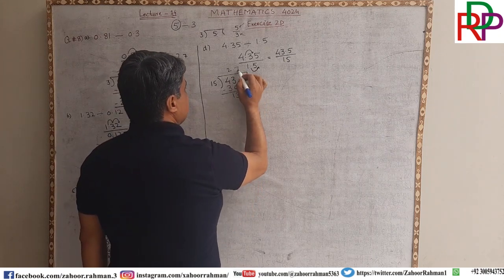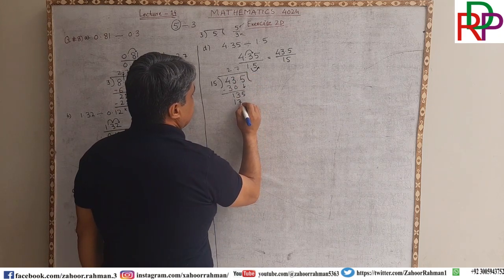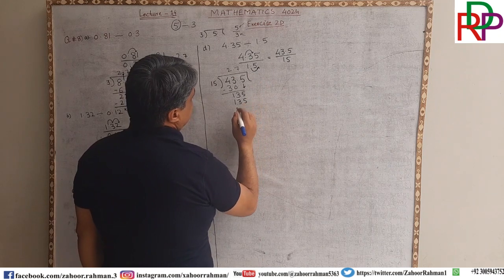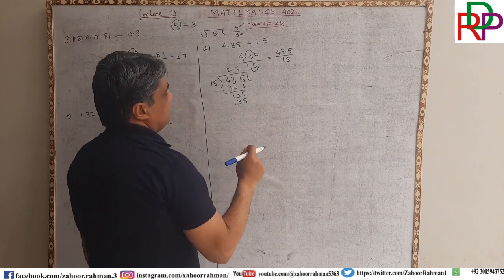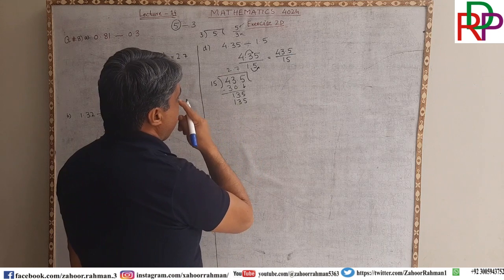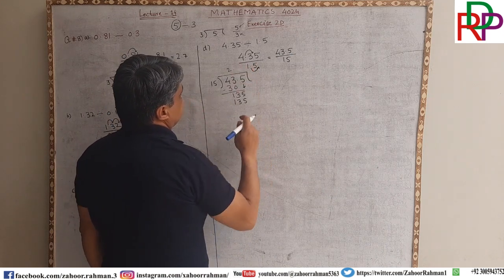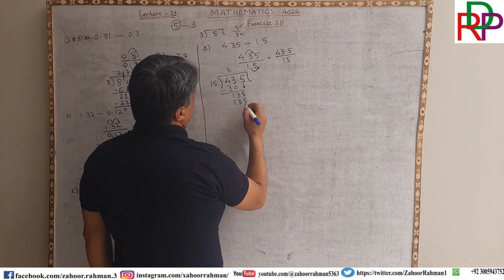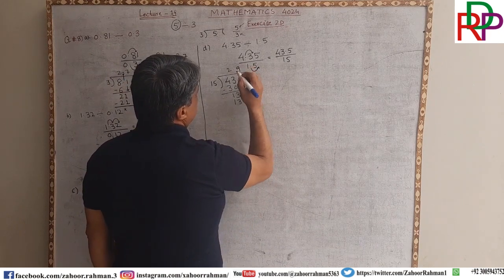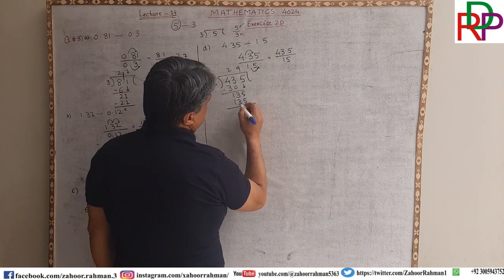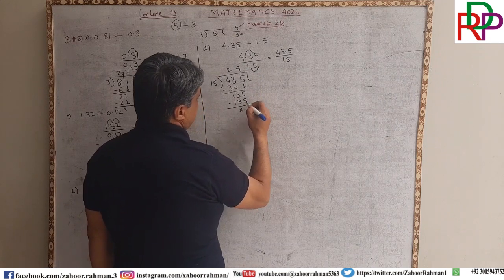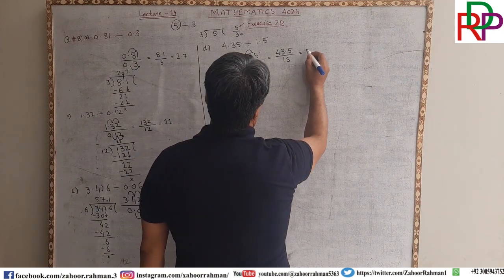And 15 sevens are 135. Oh, not 7, sir. It is 15 nines are 135, and when we subtract, the ultimate answer will be 2.9.